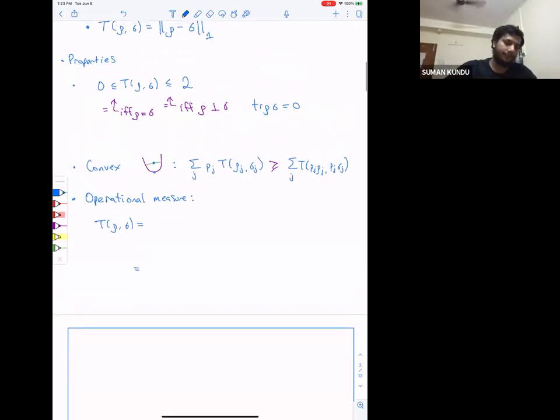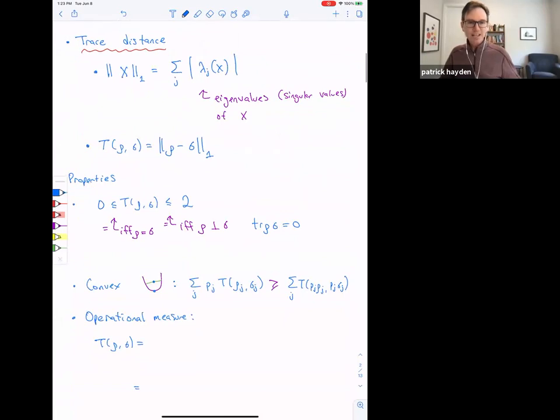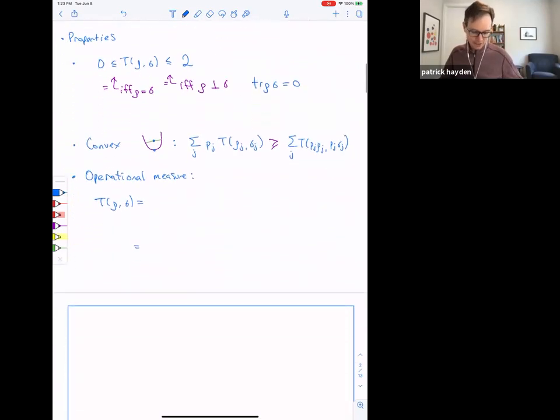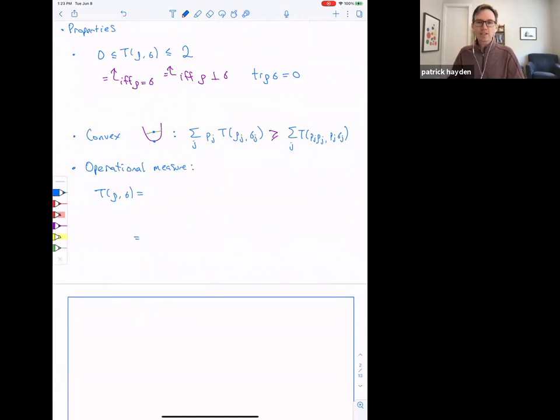Okay, now what's really nice about the fidelity and what singles out the subscript 1, the Schatten L1 norm, the trace norm, is that this is actually an operational measure. It's really the measure that tells you whether two states are close in a useful sense when you try to actually perform a measurement. Because you can evaluate it by taking the maximum over observables O that have the property that the largest eigenvalue of O is less than or equal to 1.